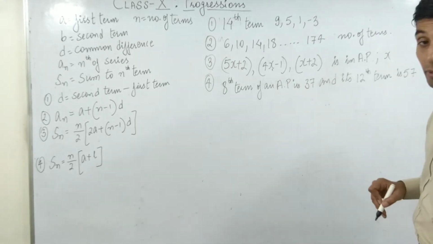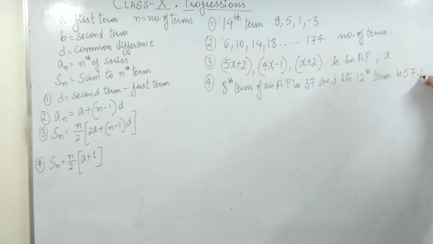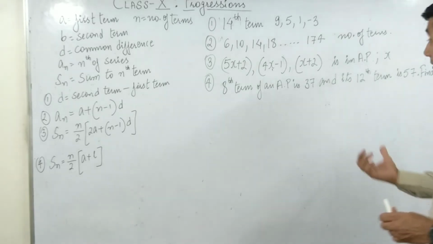Find the AP. Okay, so I've closed the book now. Either way, that was an unsolved question. Now they're asking me to find the AP. Okay, so this is again something new.